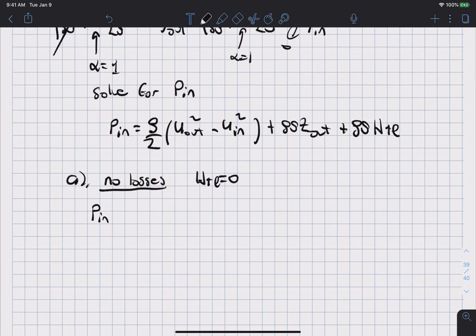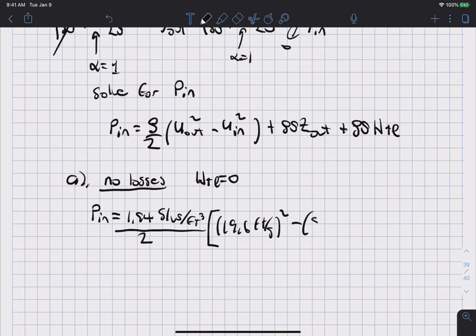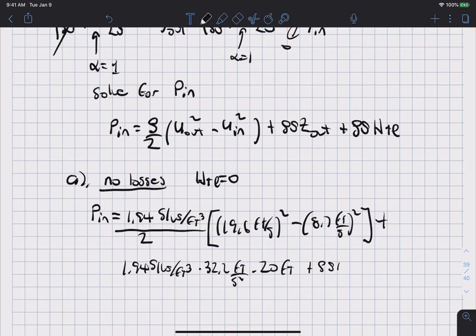The inlet pressure equals rho over 2, 1.94 slugs per cubic foot divided by 2, times 19.6 feet per second squared minus 8.7 feet per second, and that whole thing squared, plus the elevation, that would be 1.94 slugs per cubic foot, times gravity, which is 32.2 feet per second squared, times the elevation, which is 20 feet, plus rho g htl, and that's 0 because there's no losses here.